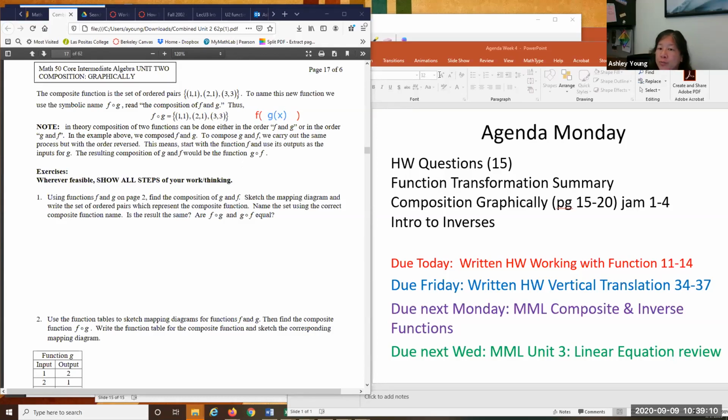So I like to think of it as kind of like a Pac-Man. Here's my x.